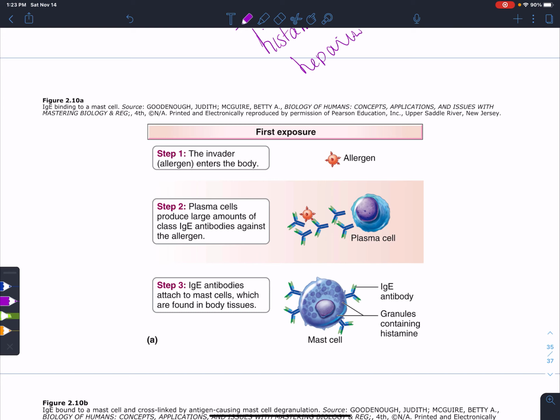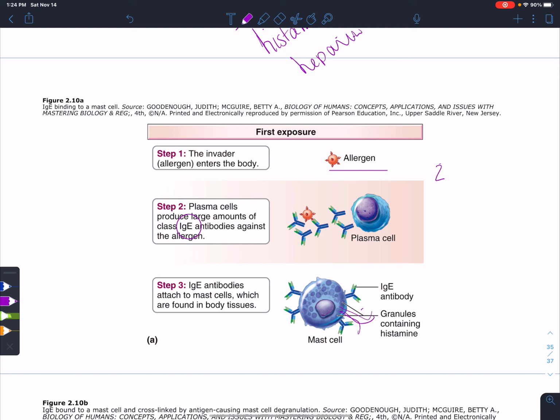But each time you touch it, the reaction actually gets worse. So here's the first exposure. It enters the body. Step 2, it produces large amounts of class IgE against the allergen. IgEs attach to the mast cells when found in the body, and here's where it starts spitting out these granules.